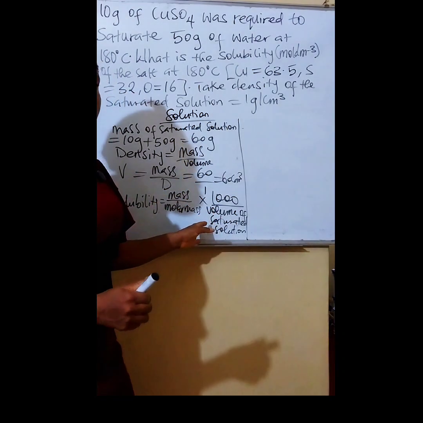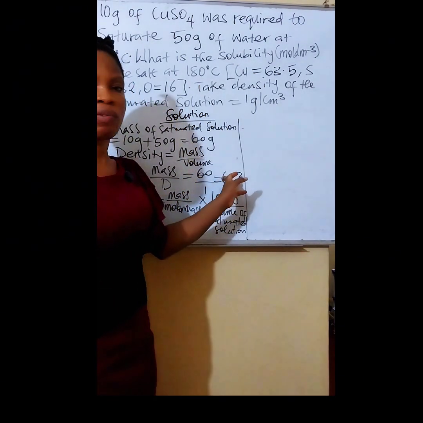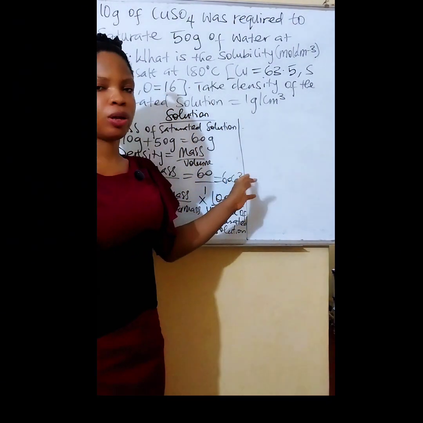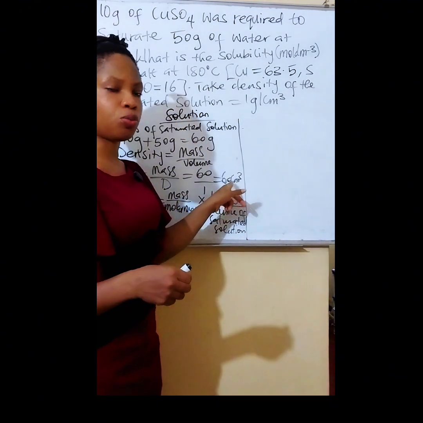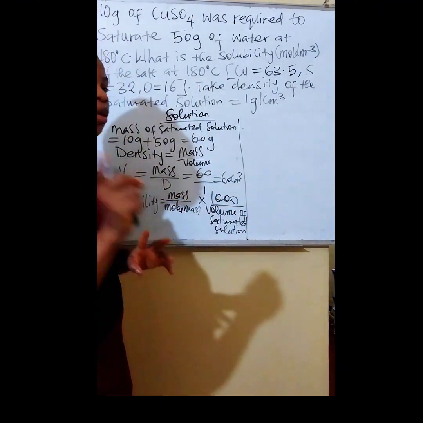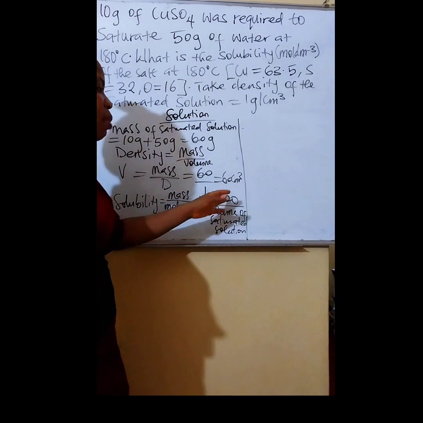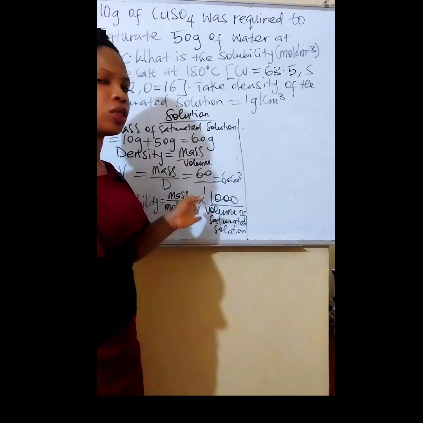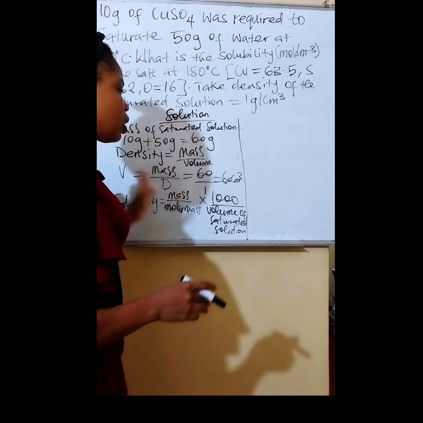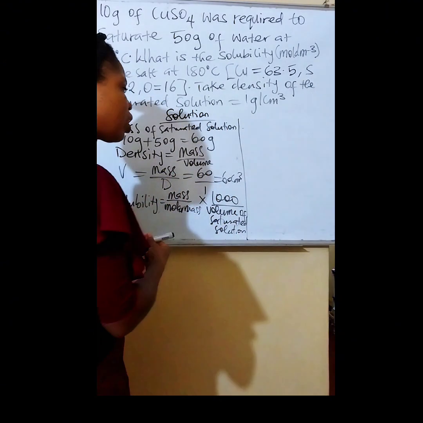The reason we're making use of this particular formula is because we have our volume in what? Cm cube. Had the volume been given in dm cube, or had we converted this to dm cube, then the formula we'd use is solubility is equal to mass over molar mass times 1 over volume of what? Saturated solution. So with this in mind, let's proceed to substitute in our values.